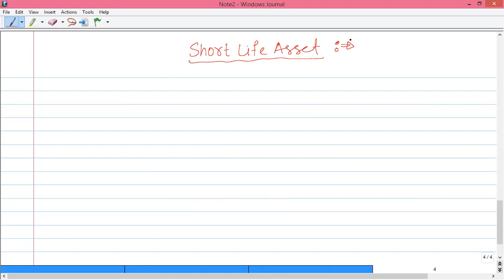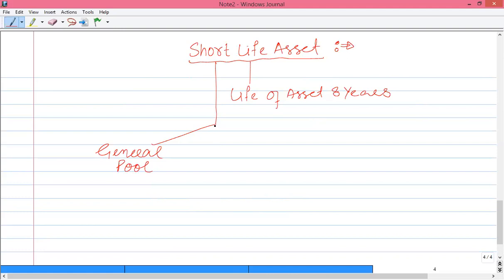So if the life of the asset is up to 8 years, or you can say you can consume the asset within 8 years of its useful life, then we have an option available. Either we can show the asset as a general pool item or a special pool item, or you can also elect it as a non-pool item.